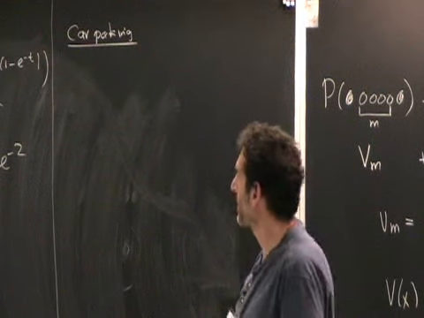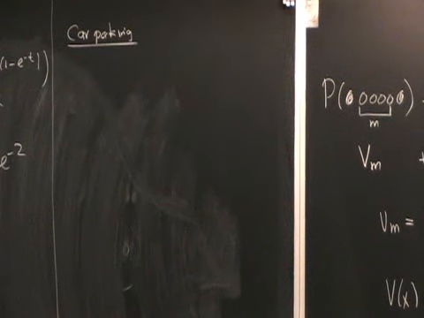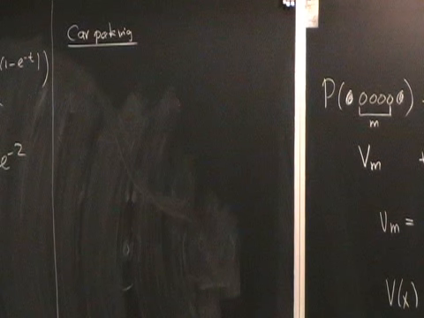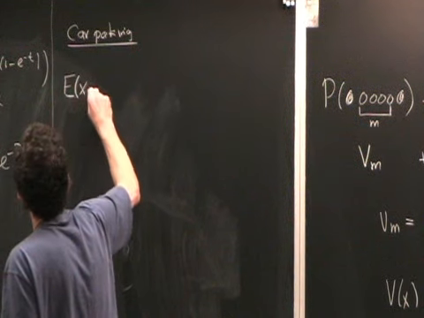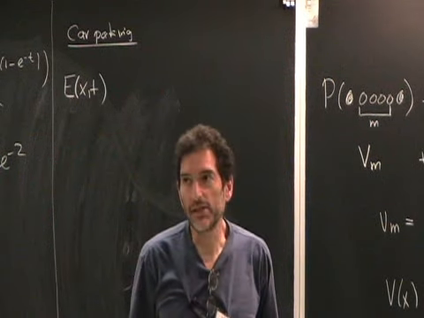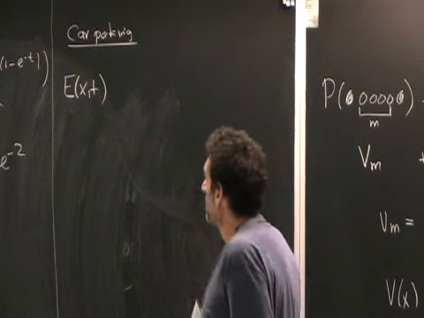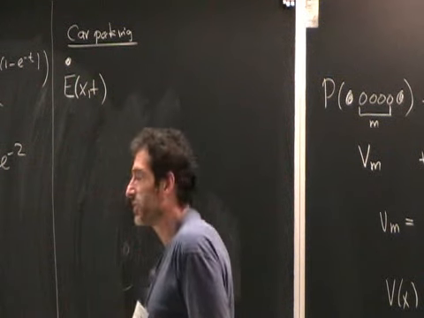For car parking, the same kind of picture goes for the equation of motion for the empty interval probability. Now the basic quantity is not the empty interval probability of discrete size, but let me call E(x,t) the probability of an empty interval of length x at time t. And so let me write down a similar equation of motion.